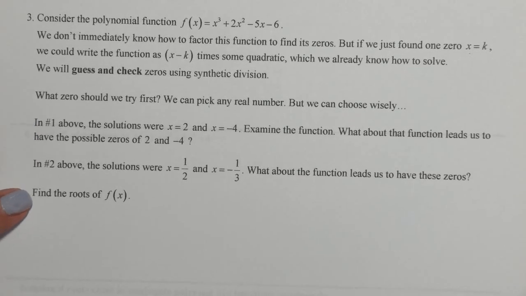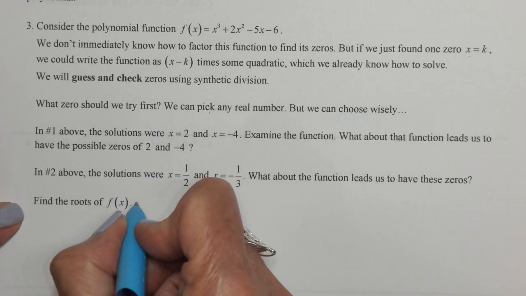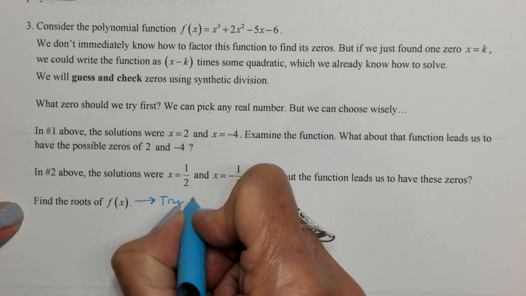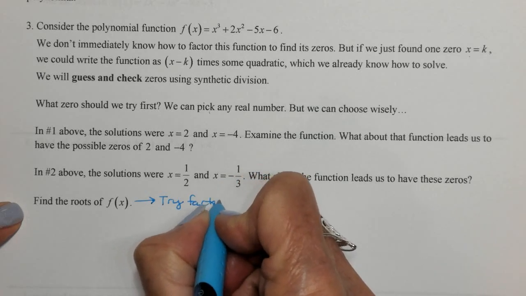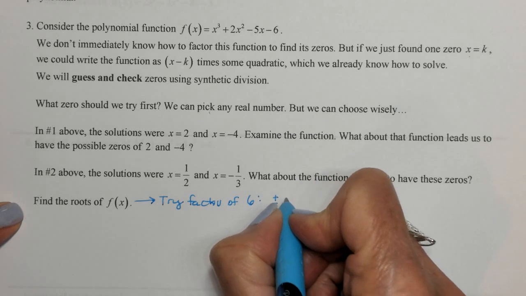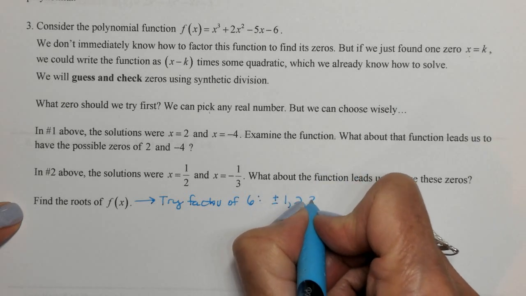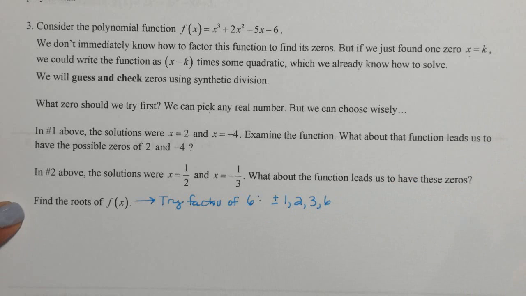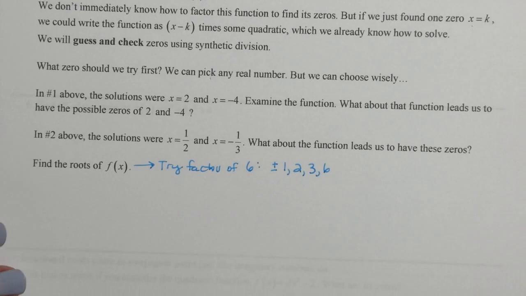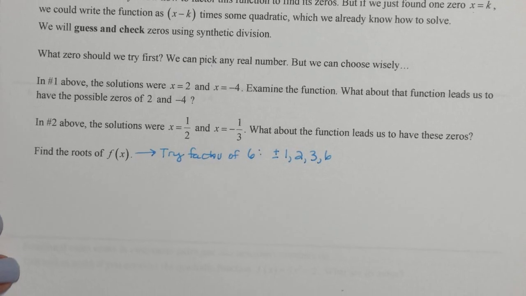So to find the roots of f, I'm going to try factors of 6, which are plus and minus 1, 2, 3, and 6. Those are the factors of 6. And our zeros can be positive or negative, any of those factors.